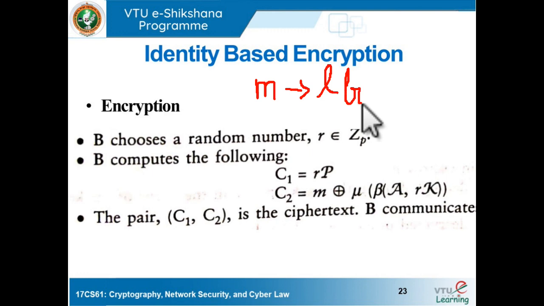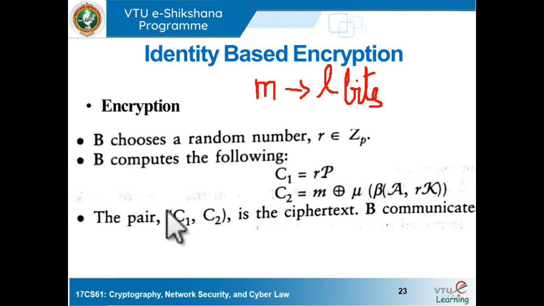Now, Bob chooses a random number R. Using this, Bob will compute C1 and C2. C1 and C2 are the ciphertext which we will compute. Over here, R is the random number chosen by Bob. Along with that, he will use the generator P, which is the prime number P, in order to compute C1.